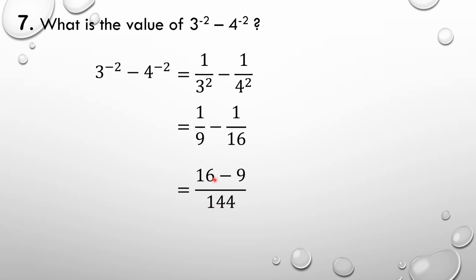And how did we get 16 minus 9 in the numerator? That is from 144 divided by 9, 16 times 1. And also 144 divided by 16 equals 9 times 1. So for the final answer, we have 7 over 144. That is in letter B.